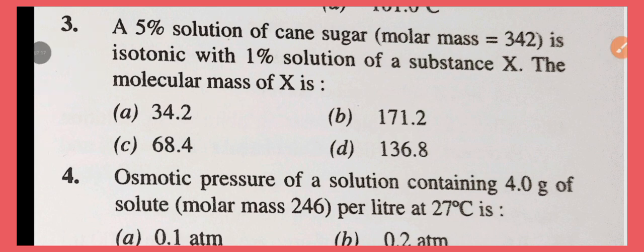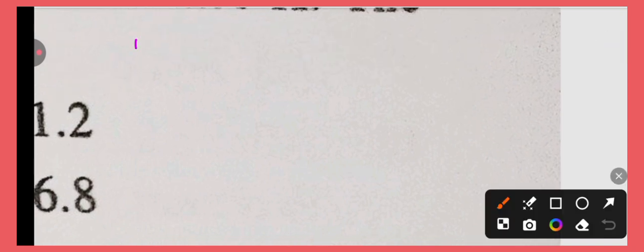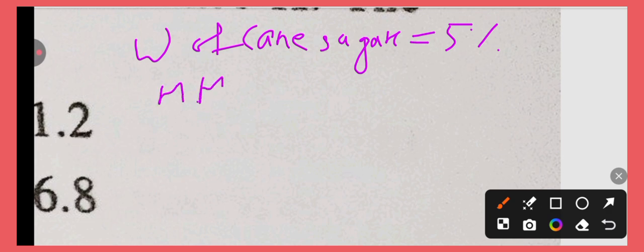First of all, we calculate the molarity of cane sugar solution. Here the weight of cane sugar is given, weight of cane sugar is 5%. Molar mass of cane sugar is 342 gram per mole.